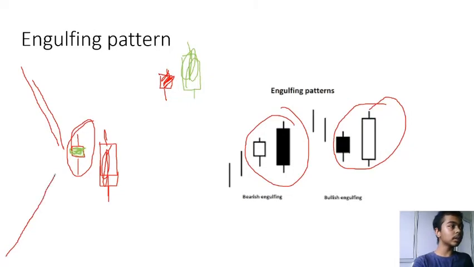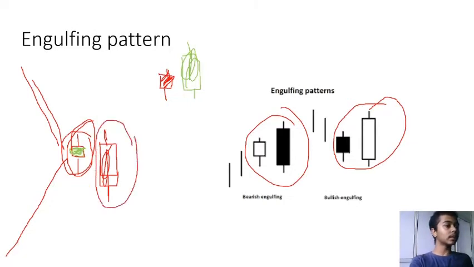There is an uptrend, and this one is showing that the trend is continuing, but then the next day there is a huge engulfing pattern over here, the huge red candle which is bigger than this. So we can expect a trend reversal. We can expect it to go down, and this is also when the market is trending, not when the market is not trending.